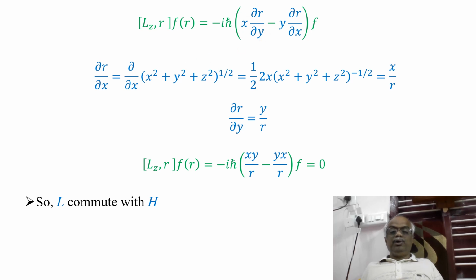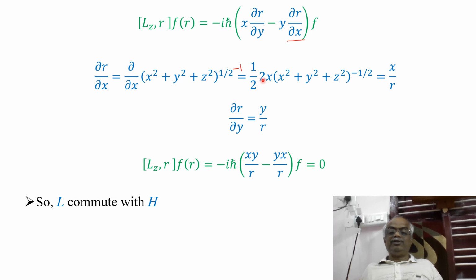Now you can reduce this delta r by delta x. We know r is equal to the square root of x squared plus y squared plus z squared. I am writing this as x squared plus y squared plus z squared to the power half. If you differentiate this, you bring the half down and reduce the power by 1, so that will become minus half. Then you differentiate with respect to x.